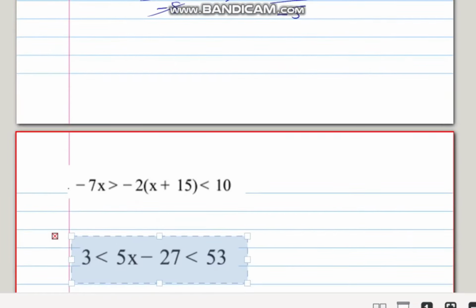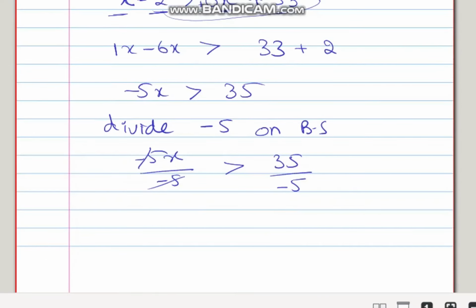I told you before also, if we divide any inequality by a negative number, then we change the direction of the inequality.